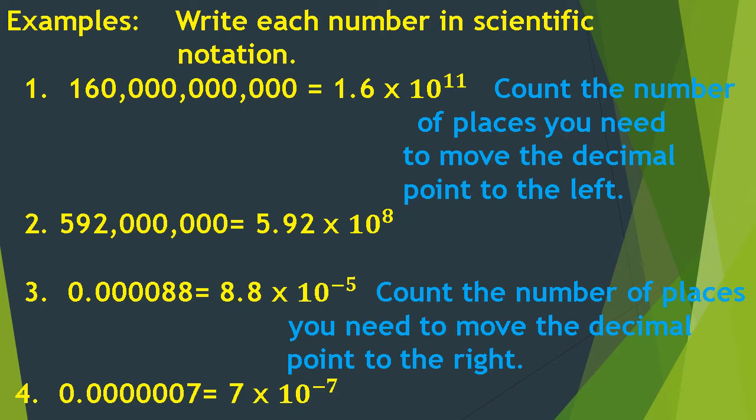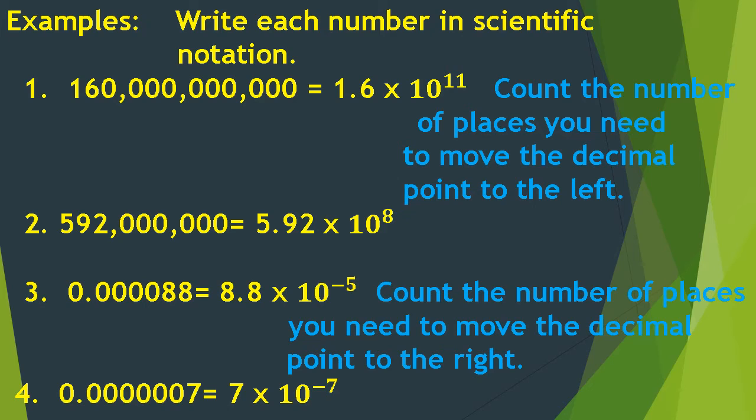Number 2, 592 million is equal to 5 and 92 hundredths times 10 to the 8th power.